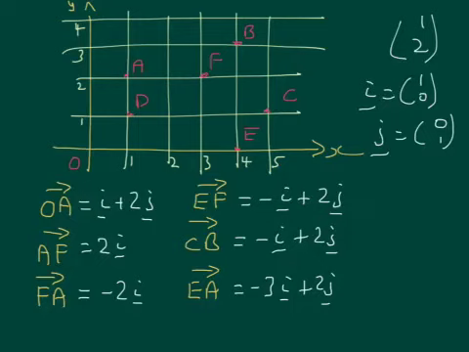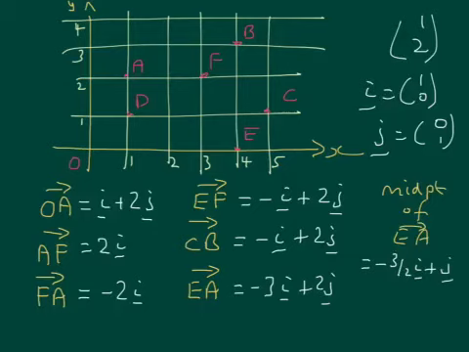What's the midpoint of EA? Well, it's formed by doing minus 1.5 in the i direction plus 1 in the j direction. What have I done here? I've halved the vector EA. Minus 3 becomes minus 3 halves. 2j becomes 1j.